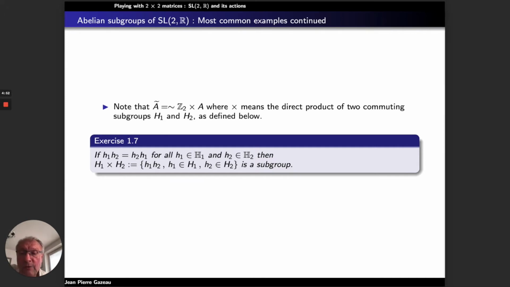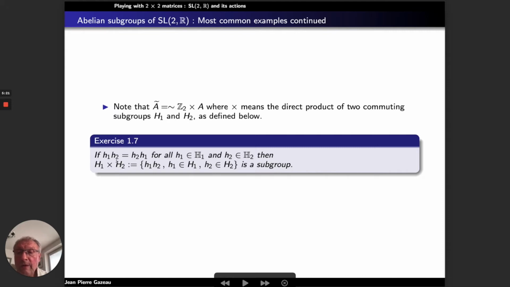Suppose you have two subgroups which commute. That means if you take one element of the first subgroup and one element of the second subgroup, they should be just capital H1, capital H2.